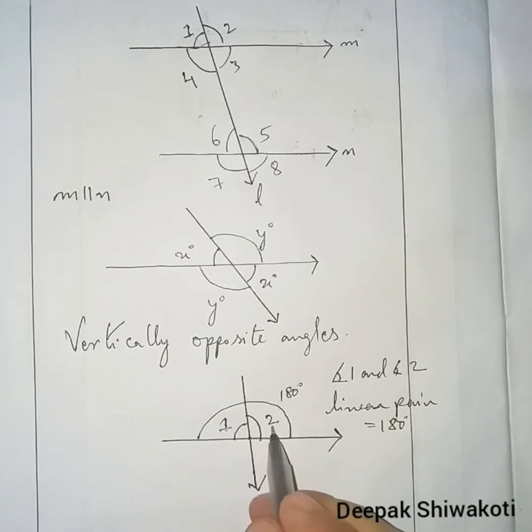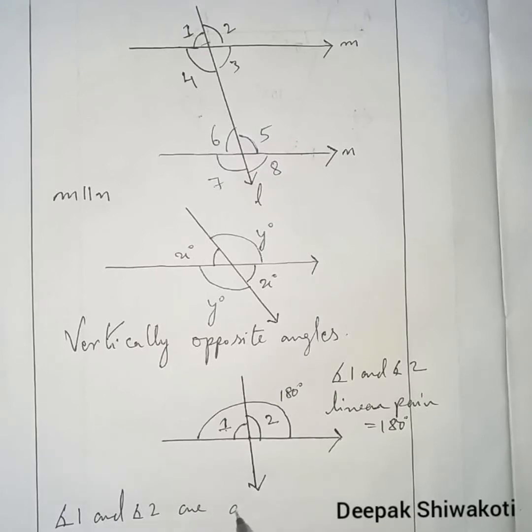After this one there is the other, so they are adjacent to each other. So we can call angle 1 and angle 2 adjacent angles.